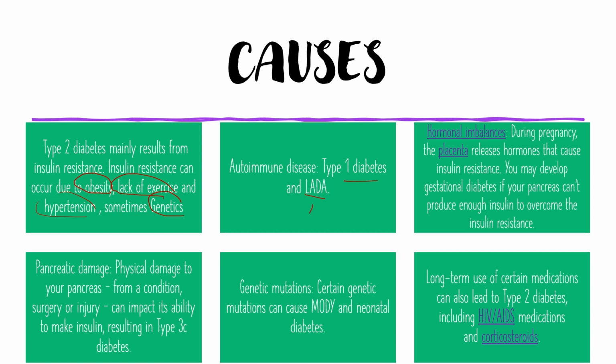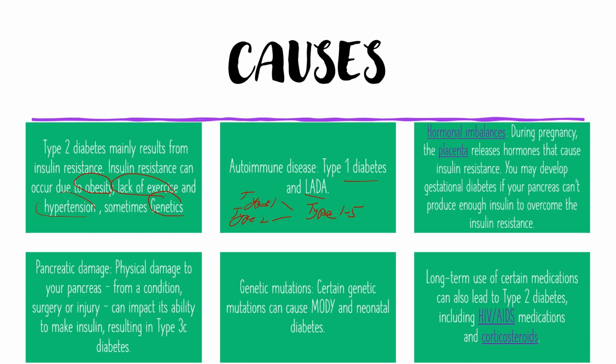Basically, this is sometimes referred to as type 1.5 because it has features of both type 1 and type 2 diabetes. So it can have autoimmune processes in it and insulin resistance both.